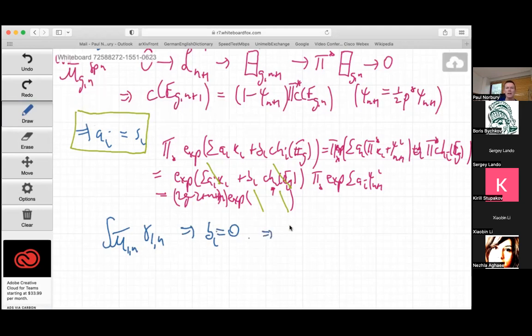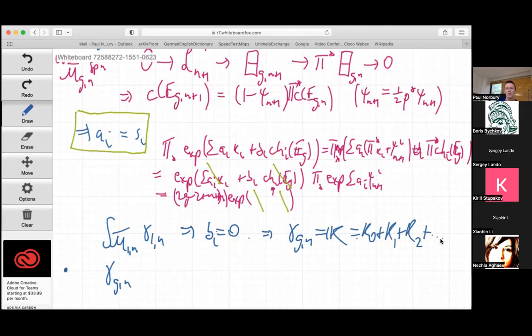And so what that tells us is that gamma gn is equal to K, and we also use this property that gamma gn is this K polynomial, right? This is k0 plus k1 plus k2, etc.